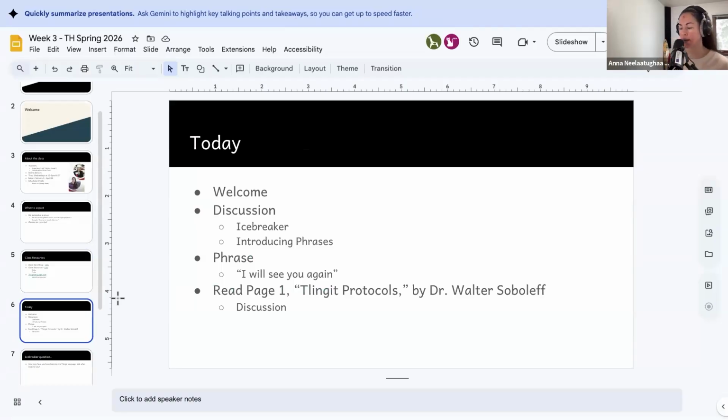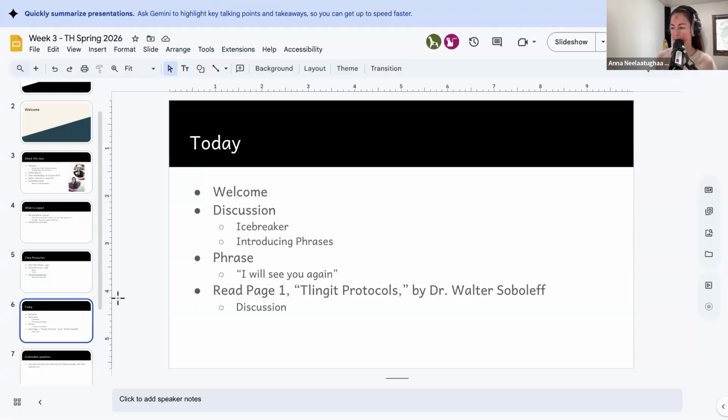So today, I can see that a couple of you have the slides, so that's good. Today we'll just do a discussion so I can get to know you all. I have an icebreaker question for you guys, and then Shirley and I are going to start introducing phrases so that when an occasion comes up, like if you're saying goodbye and you want to say "I'll see you again," that's the phrase we'll be working on today.